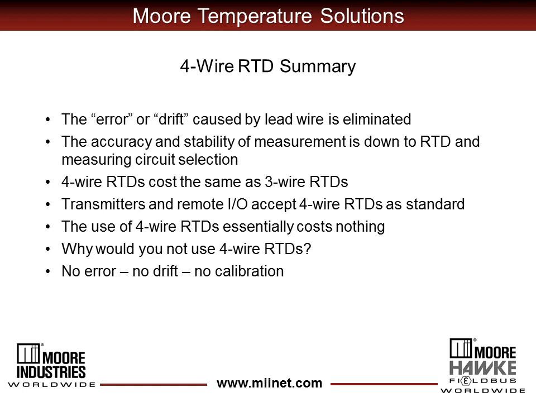When you use 4-wire RTDs, the lead wire can be any length, it can undergo constant resistance change, and still it causes no measurement error. You do have to make sure that the total resistance does not exceed the drive capacity of your constant current source, but with 4,000 ohms of drive, that's hard to do.